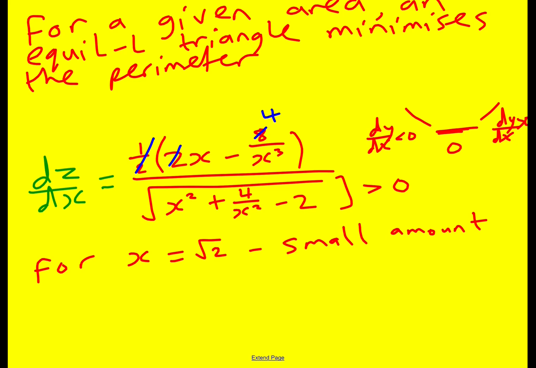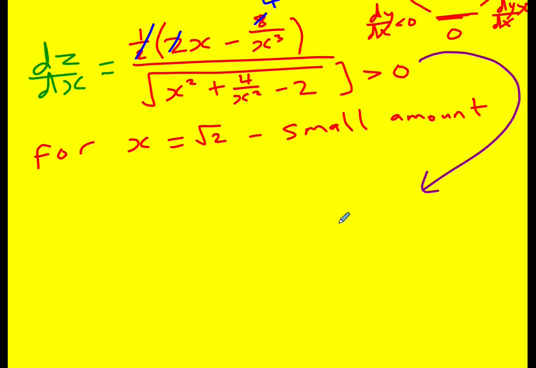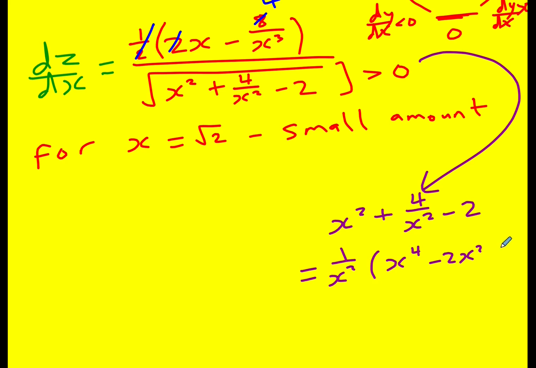I'm just going to convince you of that actually. I feel like this is going into more detail than needed, but I could write x squared plus 4 over x squared minus 2. I could factorize out a 1 over x squared, and then it'd be x to the 4 minus 2x squared. I'd have to times that by x squared plus 4.